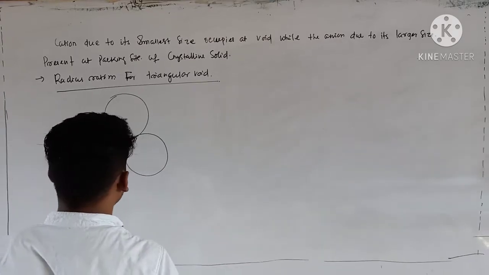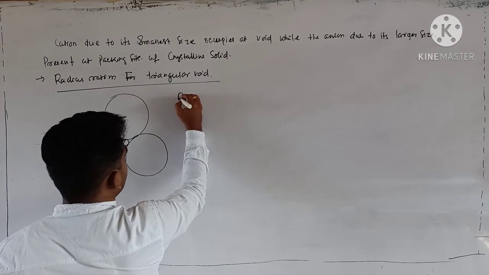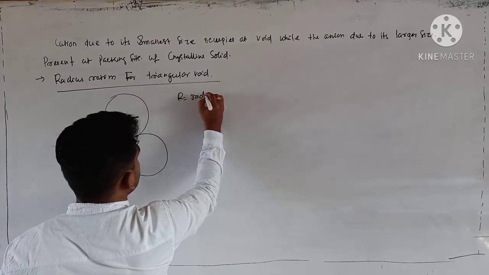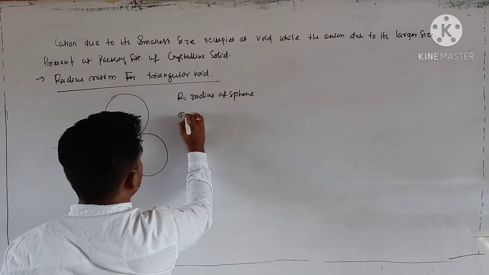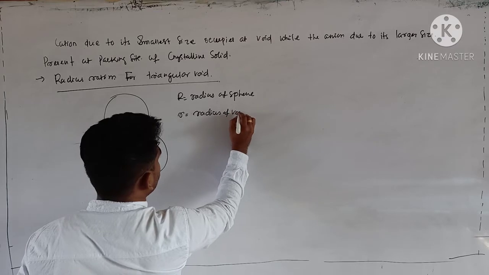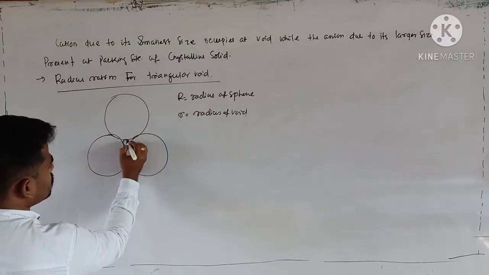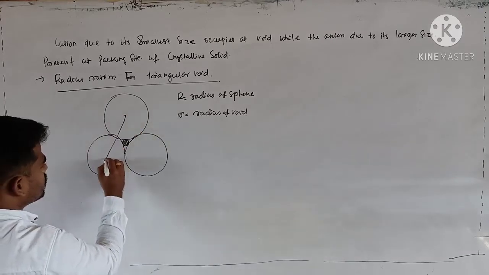So in this case, I am considering the sphere of each atom with capital R, the radius of the sphere, and small r, the radius of the void. So this one is the void.